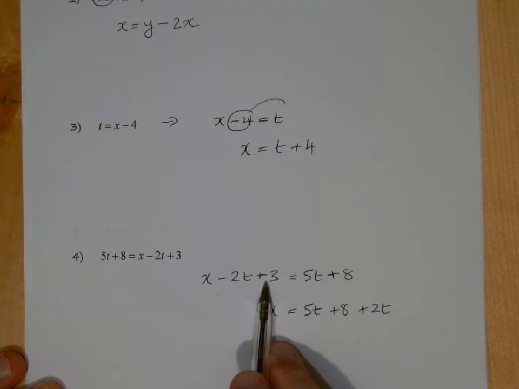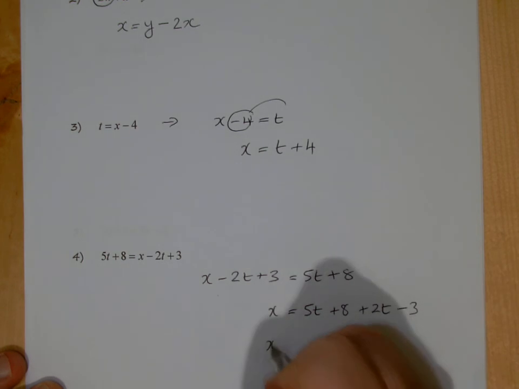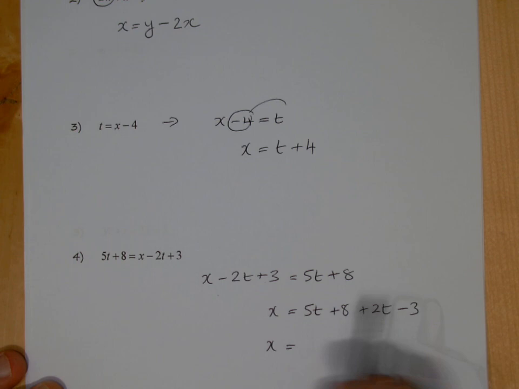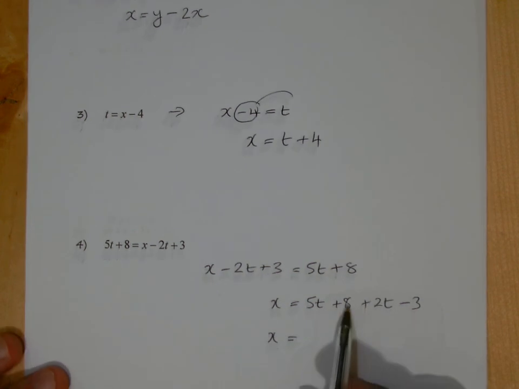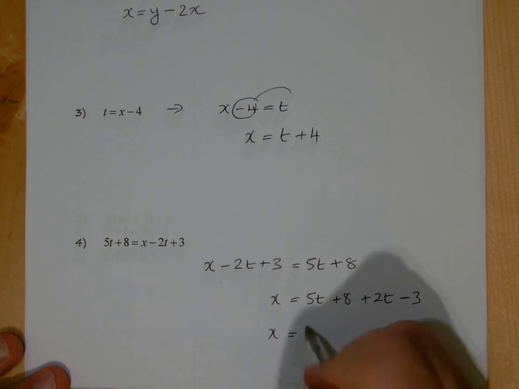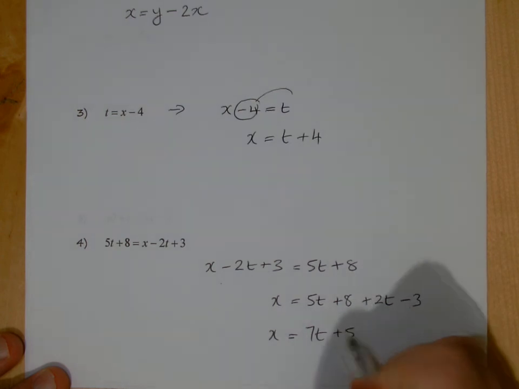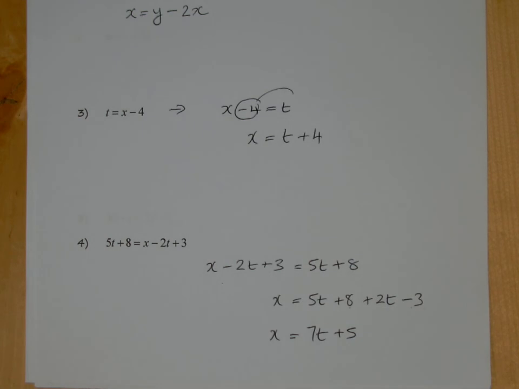And if I take that plus 3 over, it becomes a minus 3. Now I can simplify this, because I've got 5t and 2t, which would be 7t, and then 8 take away 3 is positive 5. So my answer: I rearranged this so that I've got x equals 7t plus 5. I've made x the subject of the formula.